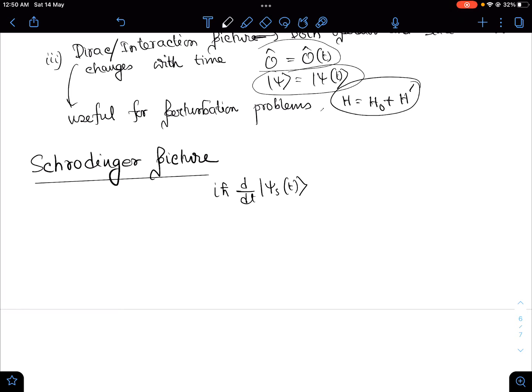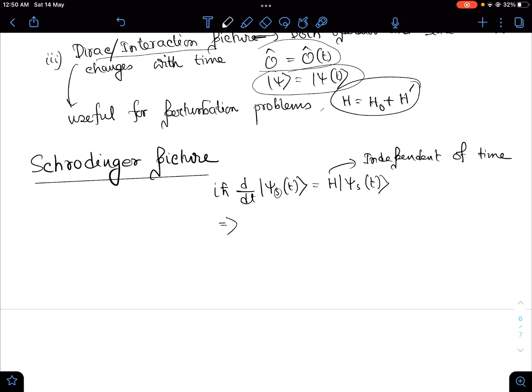S denotes the Schrödinger picture, and we have our Hamiltonian to be this. That is how our state vector changes with time. Generally, we consider the Schrödinger picture when our Hamiltonian is independent of time. If the Hamiltonian is time dependent, then we consider the Dirac or interaction picture.